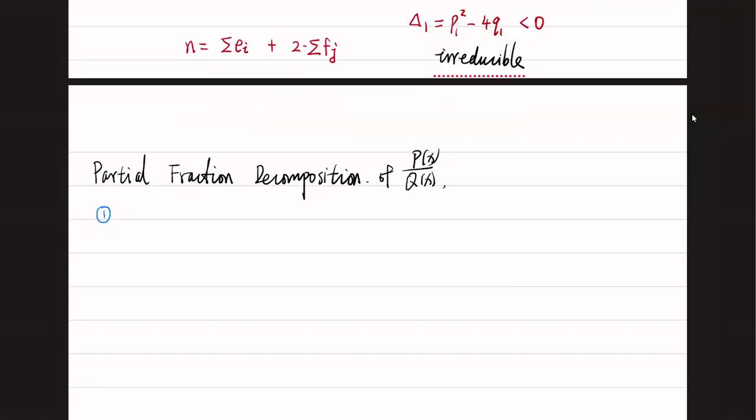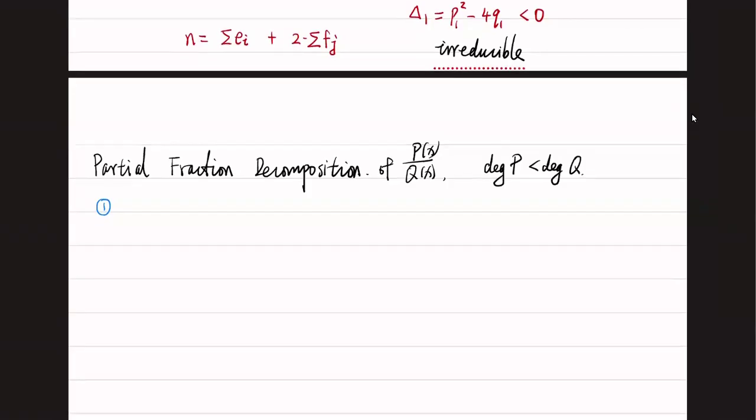We assume it's proper, degree p less than degree q. The first case is the simplest case.